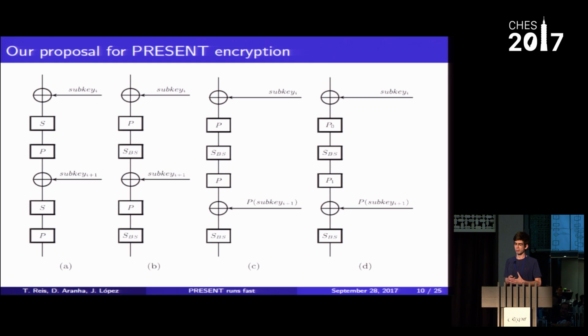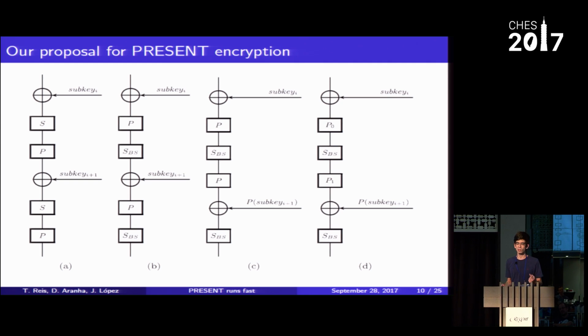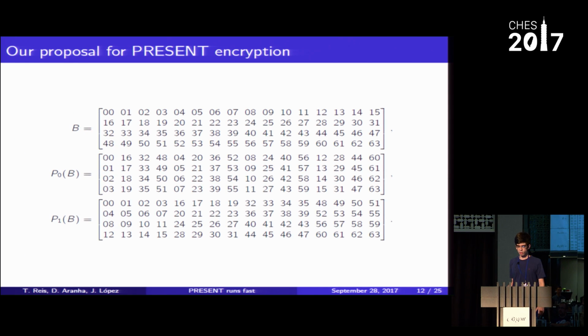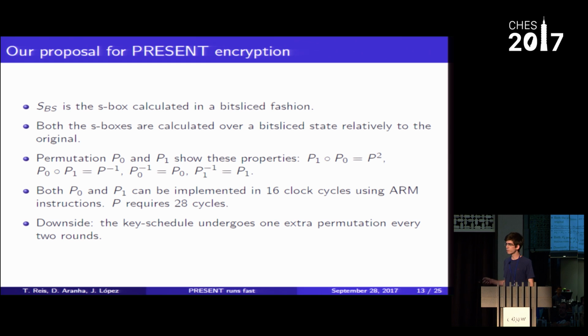We typically encrypt many blocks with one key. So we can pre-compute all the round keys and do this permutation in the pre-processing phase, and then just use the pre-computed value with just a sum. So this downside is not very serious as long as we encrypt several blocks with the same key.